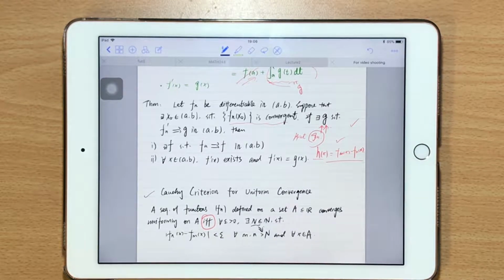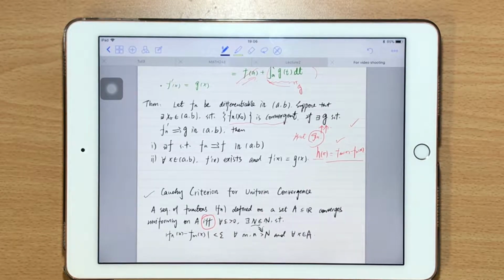So now we are assuming that we have the inequality already, and we want to show that the sequence of functions is converging uniformly. What we first do is produce a candidate of the limit function. Since we are creating that candidate, the function itself will have some properties, right?